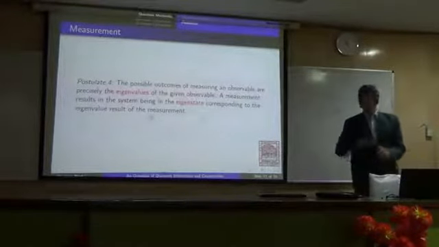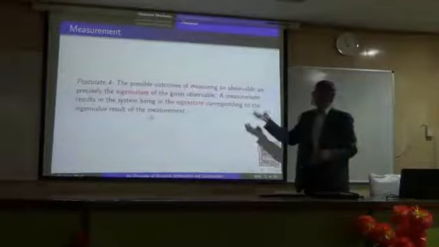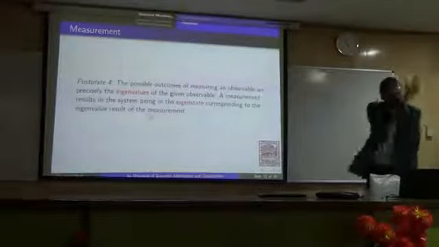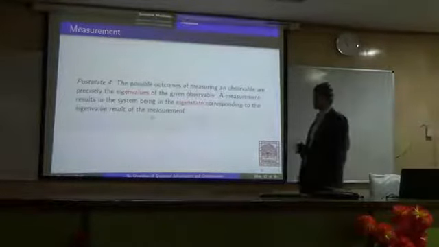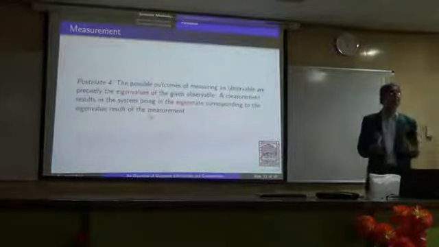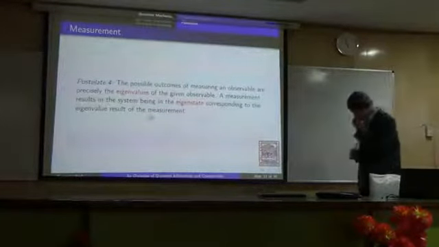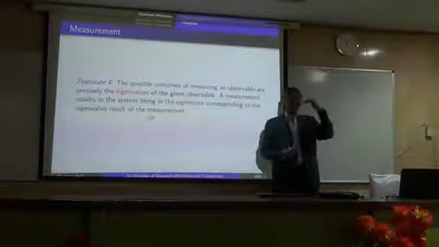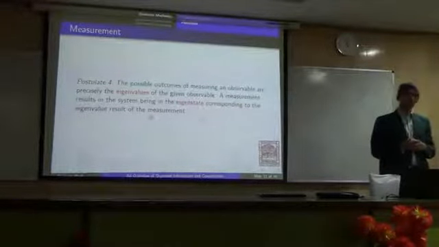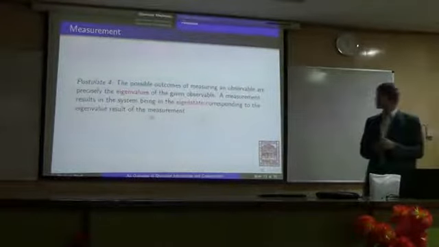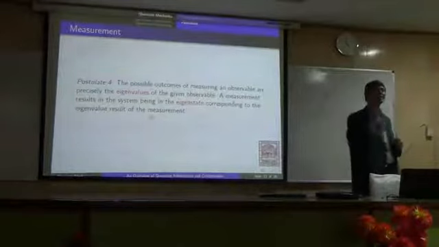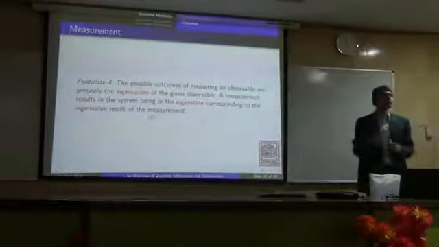Right? So here I can explain how this postulate models the experiments that we have been talking about. When measuring spin, say Z up and Z down, for example, these up and down are the eigenstates. And the amount of deflection that we are measuring on the screen is proportional to the eigenvalues.